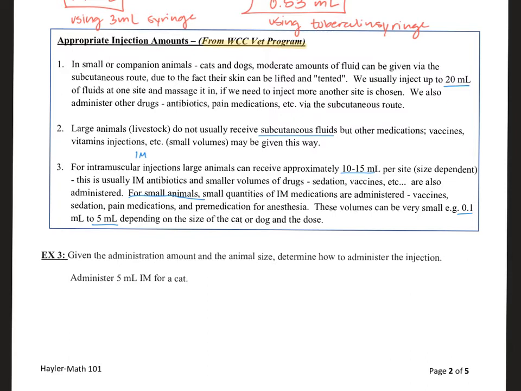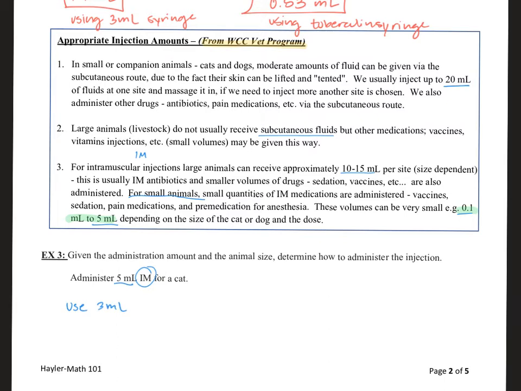For example 3, given the administration amount and the animal size, determine how to administer the injection. Alright, so we're told to administer 5 milliliters intramuscular for a cat. So reading this list above, we know for a cat, we can have 1 milliliter to 5 milliliters in one place. But we can't fit 5 milliliters into a syringe, so we're going to go ahead and use one 3 milliliter standard syringe.